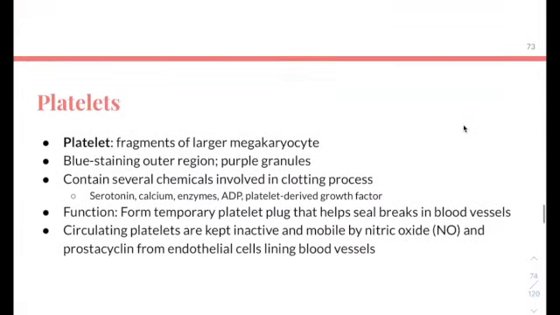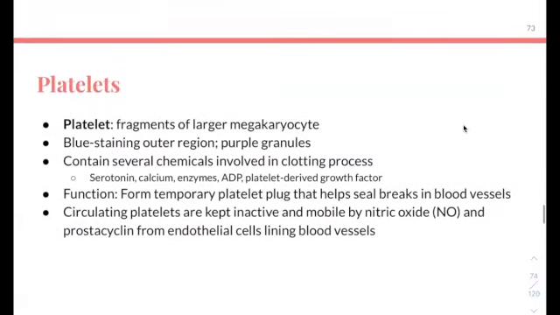Platelets. Our platelets come from megakaryocytes. They are actually fragments that break off of those megakaryocytes. When you look at blood under a microscope that has been stained, they stain purple.